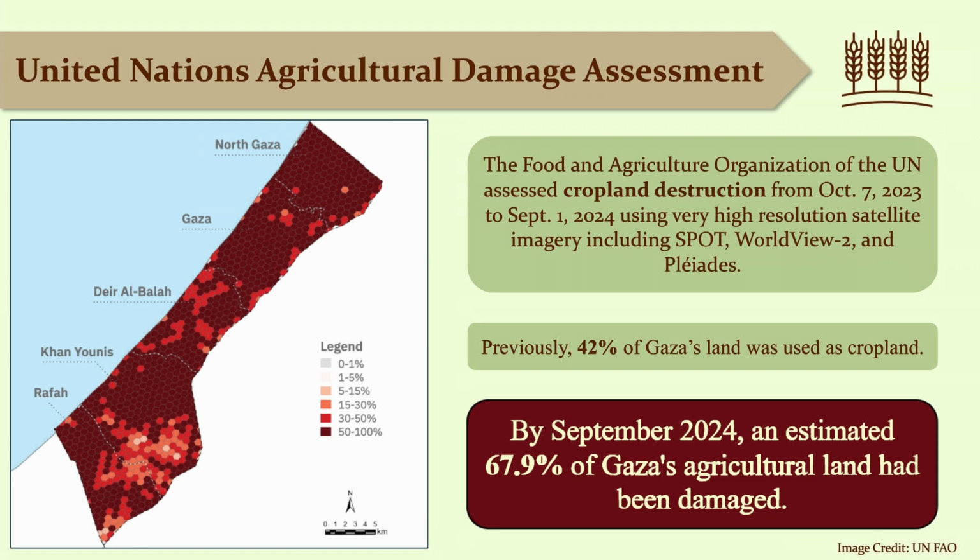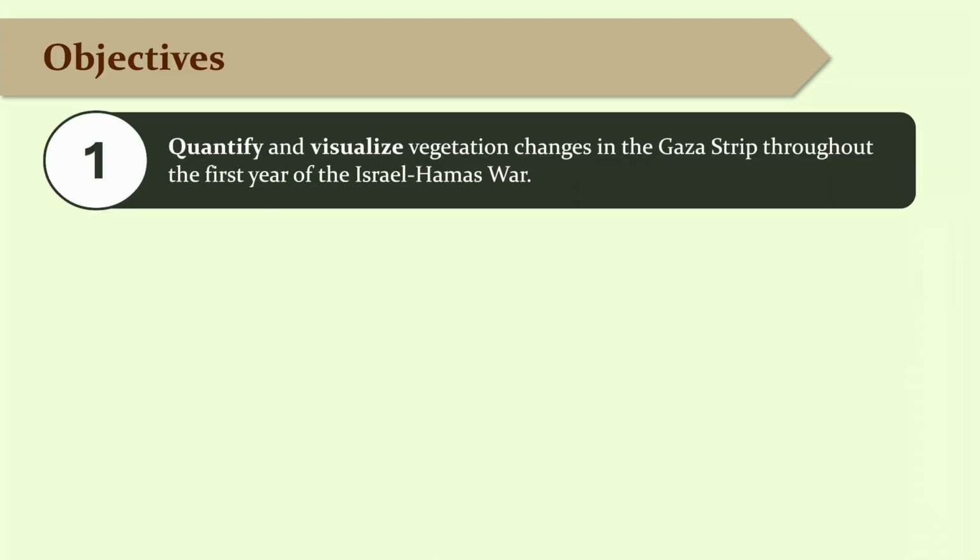And so this study used a lot of very high resolution satellite data sets and some pretty intense calculations. So for my project, I was curious if I could find a similar pattern by using lower resolution satellite data, open access data, and simpler calculations. So my first objective was to quantify and visualize vegetation changes in the Gaza Strip throughout the first year of the Israel-Hamas war.